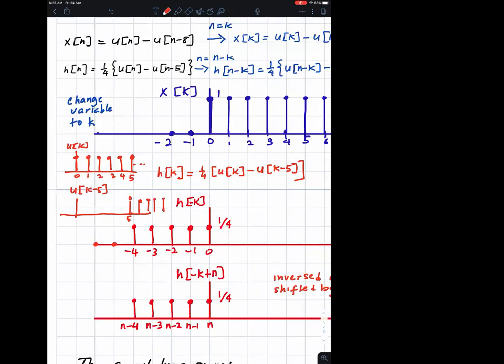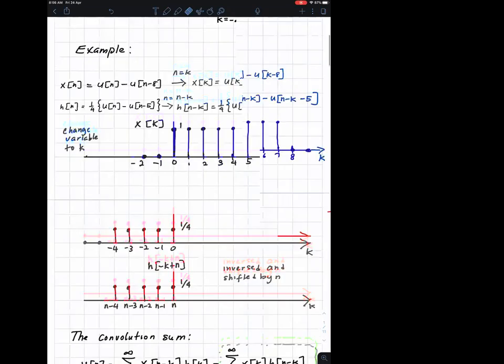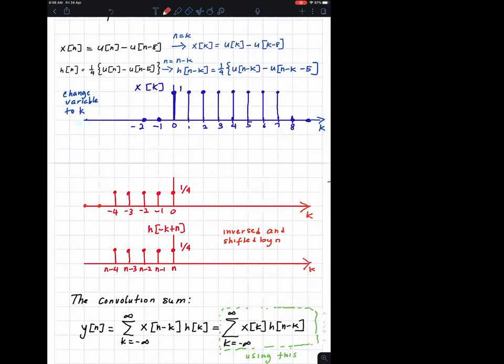If you subtract them, the signal only appears from 0 to 4. This is h of minus k.